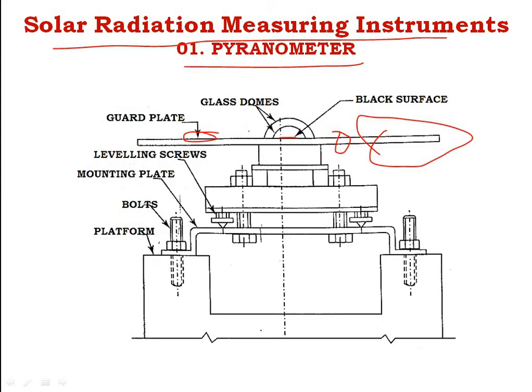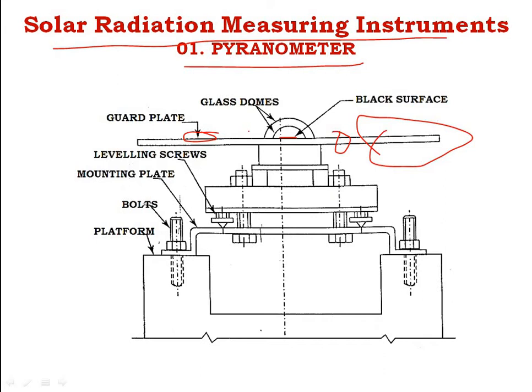The pyranometer shown in this figure is used commonly in India. It has a hot junction arranged in the form of a horizontal disc of diameter 25 mm, coated with a special black lacquer having a very high absorptivity in the solar wavelength region. The disc is placed on a large diameter guard plate, which may be horizontal or sloping.